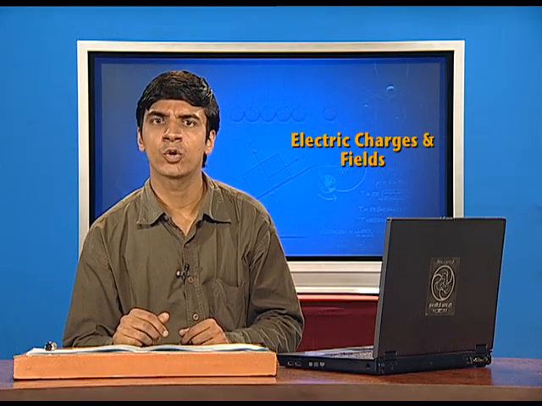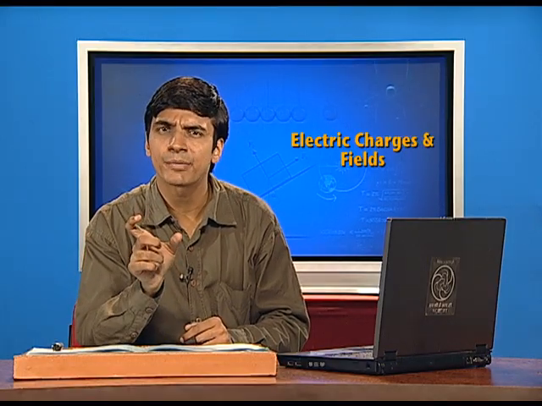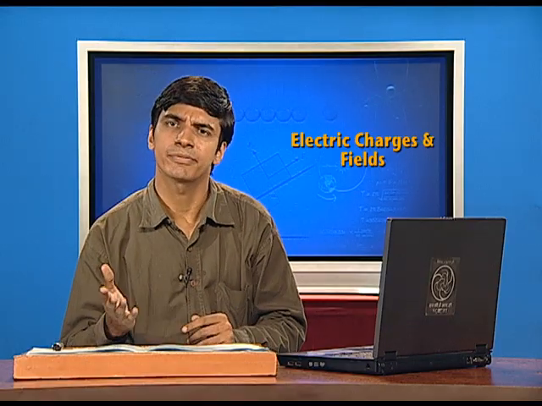If I denote the surface charge density by say sigma, then sigma will be delta Q upon delta S, where delta S is the surface element. Actually delta S is the surface element, but since the charges are taken into consideration, I call it the surface charge element.